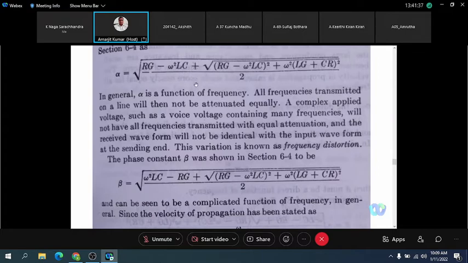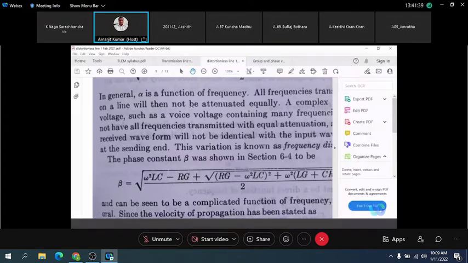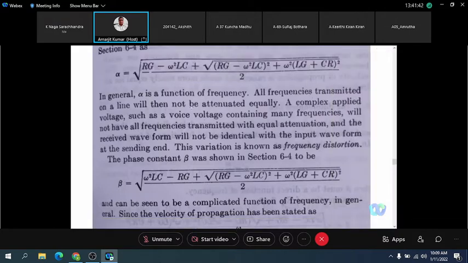So it is a complex function of frequency. Alpha is equal to the square root of [ (RG minus omega square LC) plus the square root of ((RG minus omega square LC) whole square plus omega square (LG plus RC) whole square) ] divided by 2.